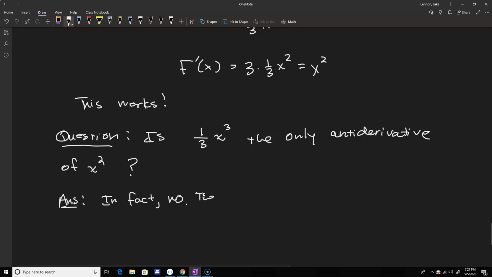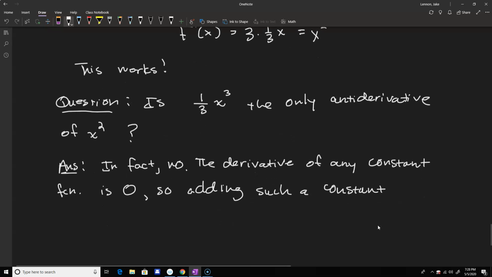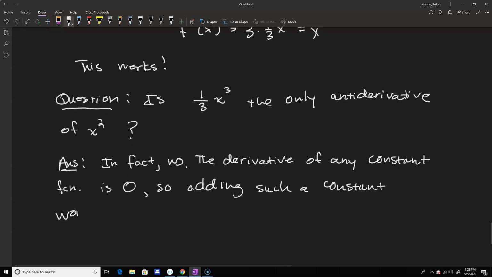The derivative of any constant is 0. So adding such a constant would not make a difference.